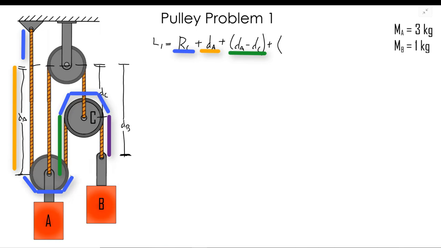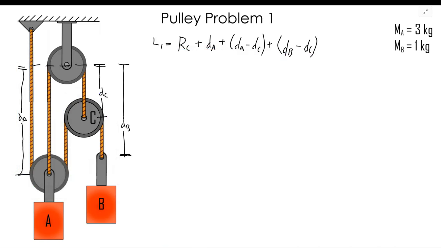Like we did with the pulley right here, B is going to be accelerating and it's going to have the same velocity right there as well with the attachment. So anyway, we have dB minus dC. Okay, so that's this length right here. So let's simplify that real quick.